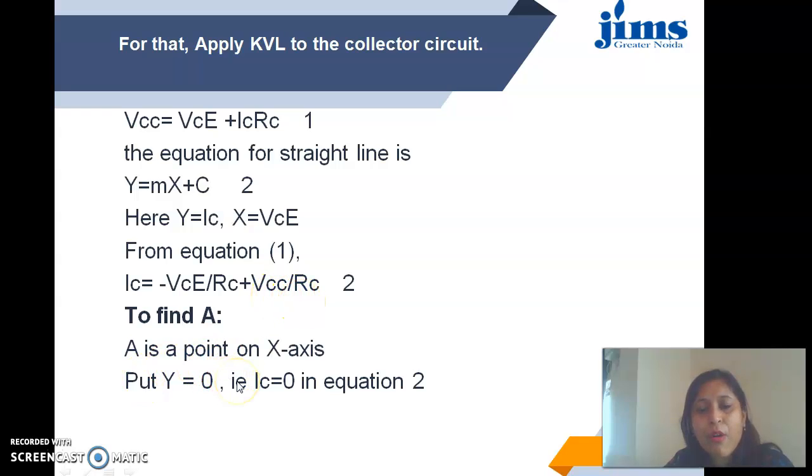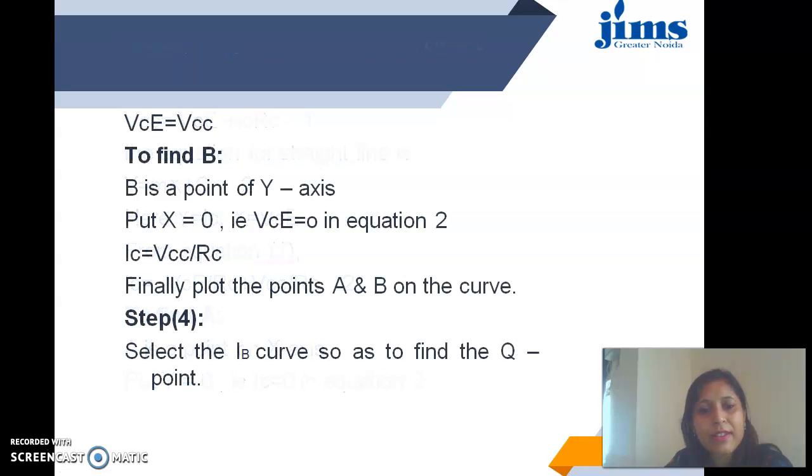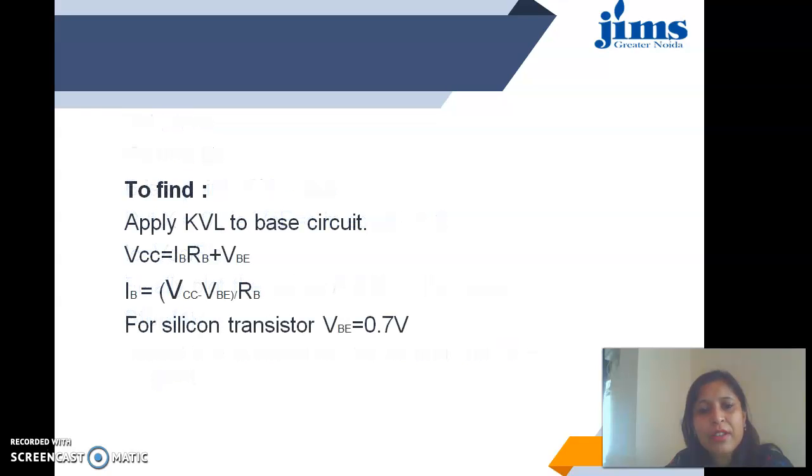Now to find the coordinates of the load line, at the x-axis y equals 0 and at the y-axis x equals 0. Therefore we get VCE equals VCC and IC equals VCC upon RC. So finally we plot the line and we select the curve so that the Q point is obtained.